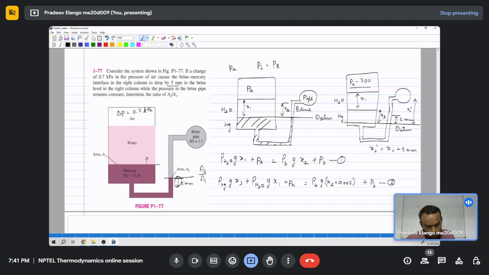This goes down by 5 mm. Then the brine column was x2 earlier. Now it will become x2 prime, which is x2 plus 5 mm. But instead of dropping, it is increasing, right, sir? The length of the column. The level of the brine, this interface, goes down, but then the height of the brine column will be higher, right?